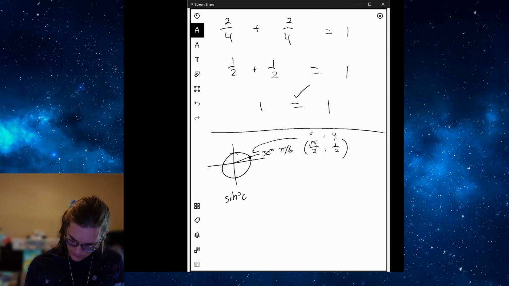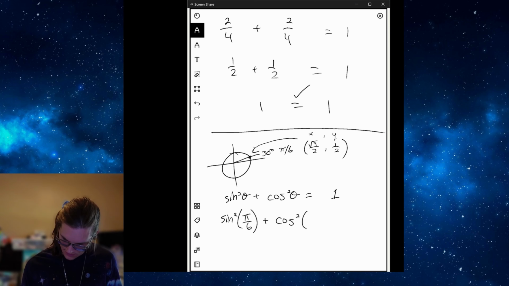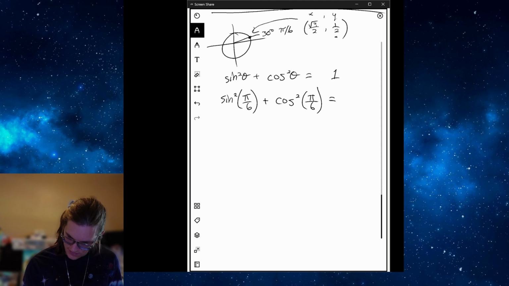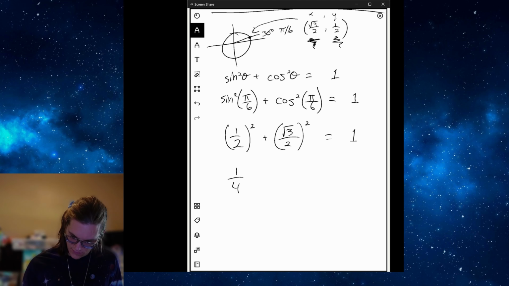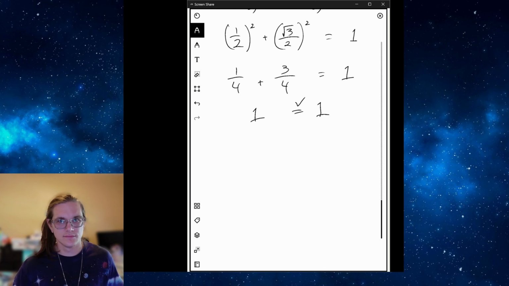So sine squared of pi over 6, we'll use the radians version this time, plus cosine squared of the same angle is, here's my sine value, here's my cosine value. We'll check this, 1 over 4, because remember we're squaring this and we're squaring this. And this ends up being 3 over 4. Does that equal 1? Yes, it does. So that's the first trig identity.